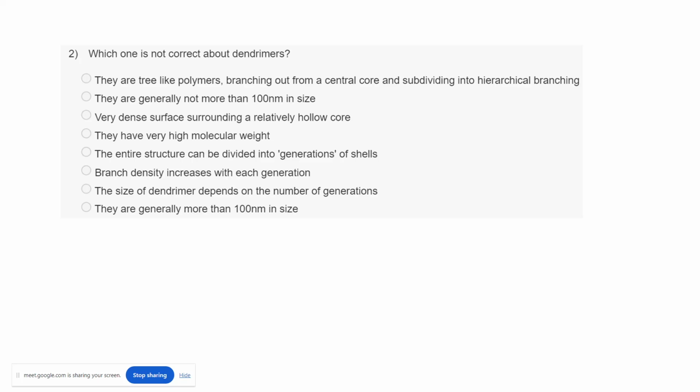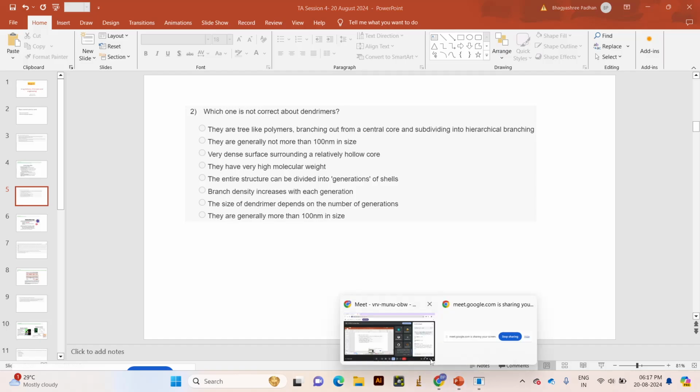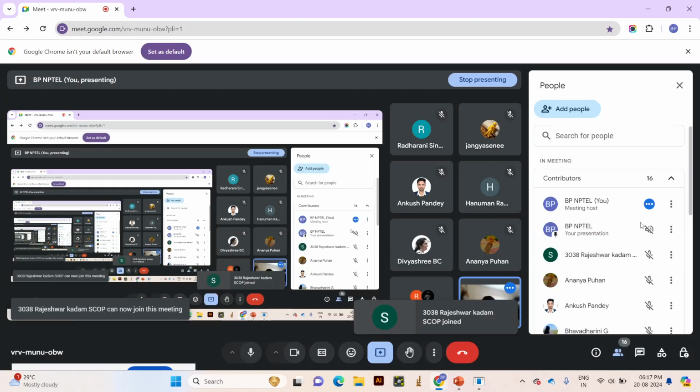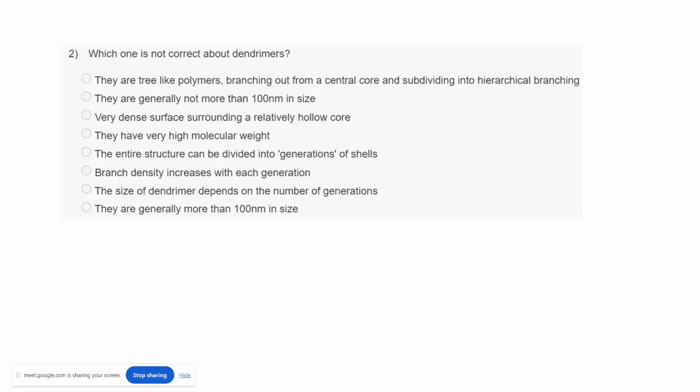So till now we have option 2, option 5, and option 7. Anybody else?